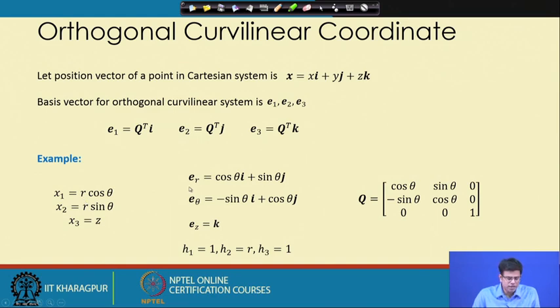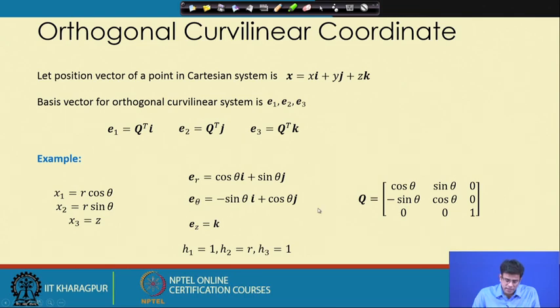The basis vector we again compute from our previous formula, which is essentially del x by del r, so cos theta i, and then sin theta for del x2 by del r, which is sin theta j, and del x3 by del r, which is 0 here.